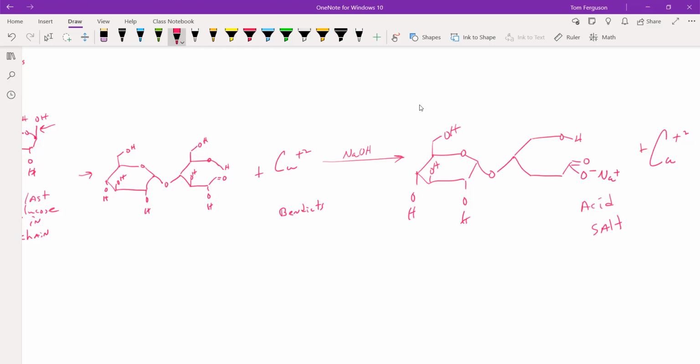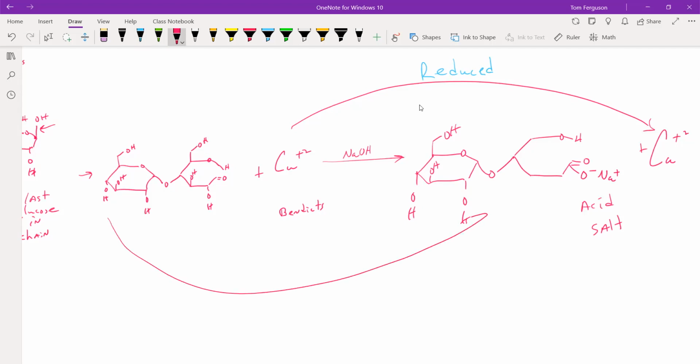So the copper 2, the cupric, is reduced, and the aldehyde is oxidized. And that copper is copper 1, not copper 2. Okay, and it's in the form of that, which gives it that orangey color, orange rusty color.